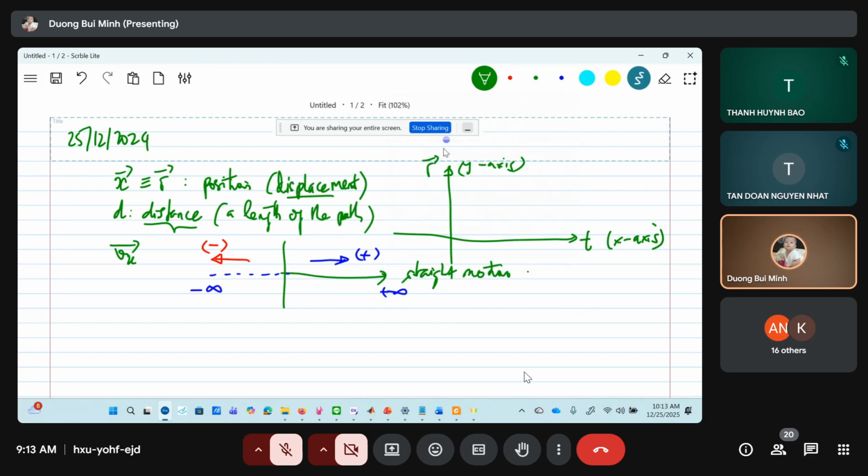We also have average velocity and instantaneous velocity.